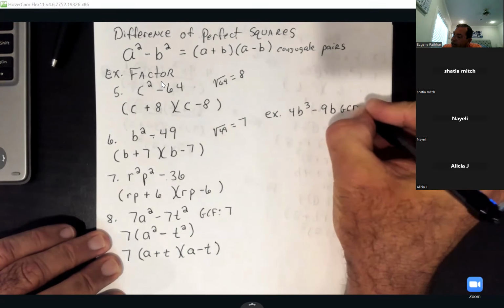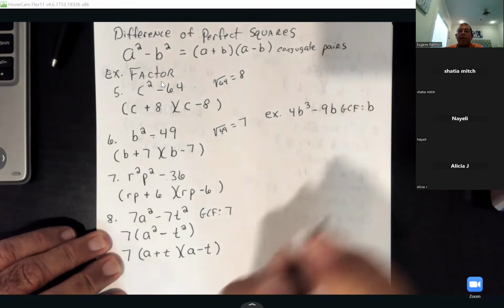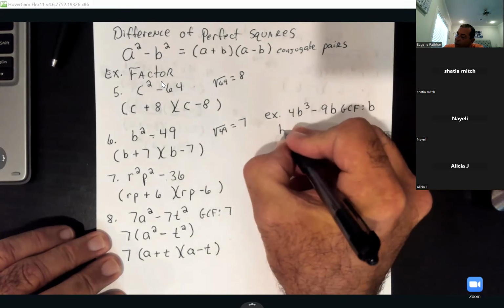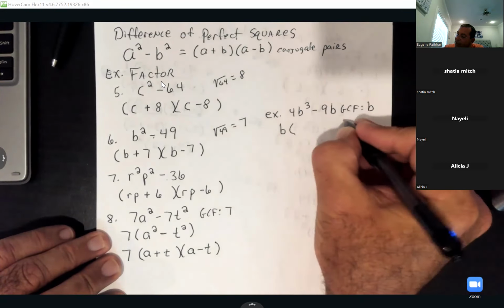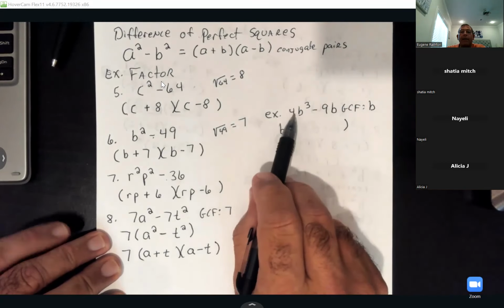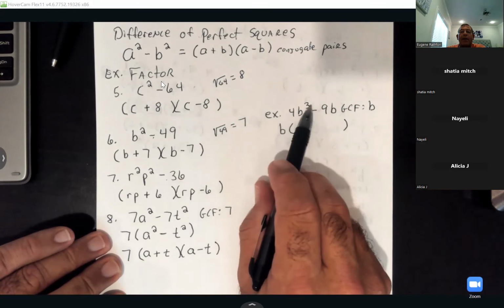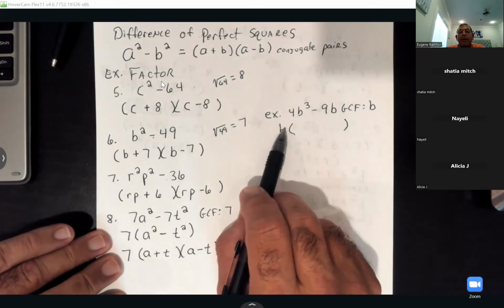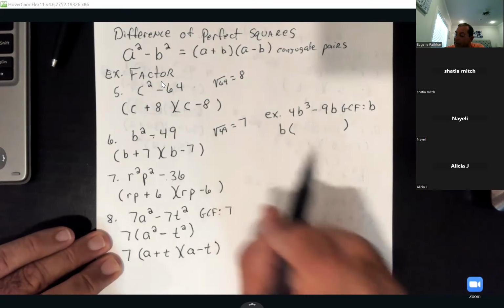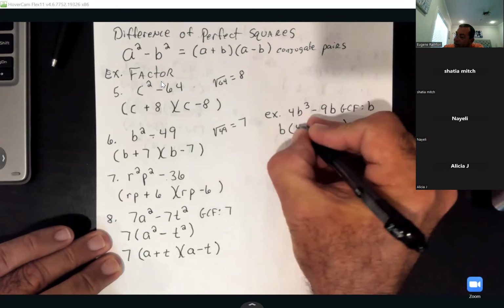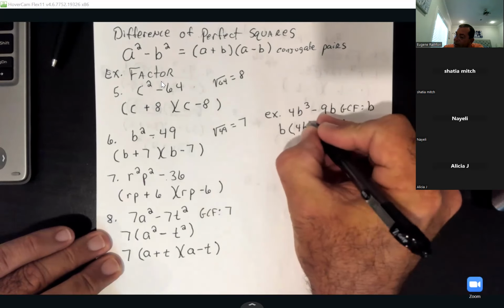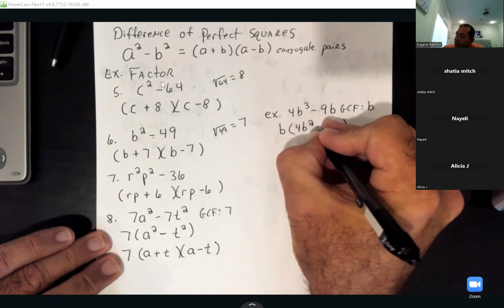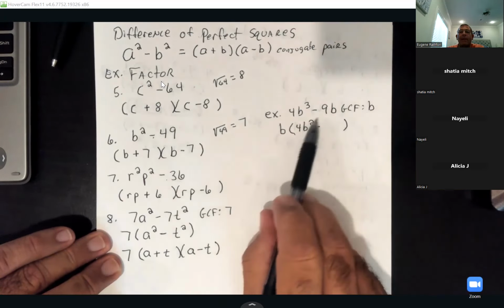So I'm going to factor one of the b's out and see what's left. If you had 4b to the third and you factored out one b, that's going to leave you two b's. So that'll be 4b squared minus the 9b. If you divide out one b, that's going to leave you a 9.